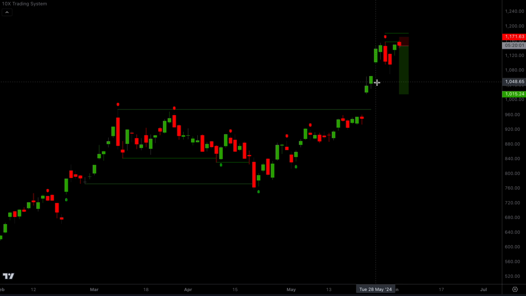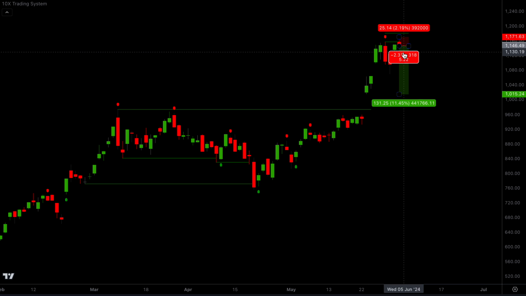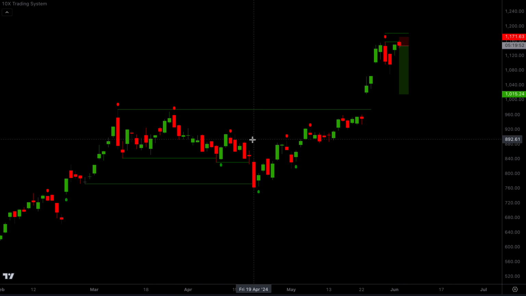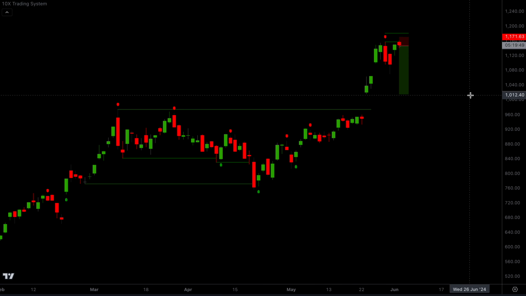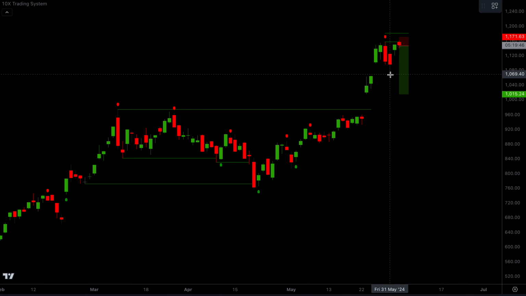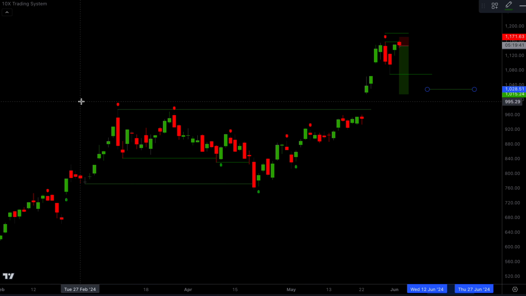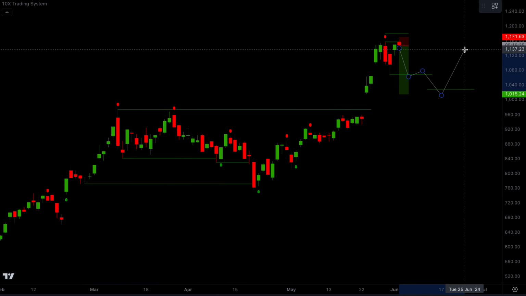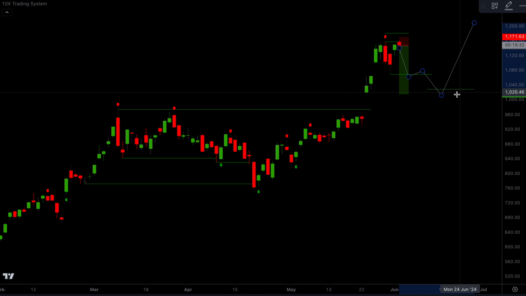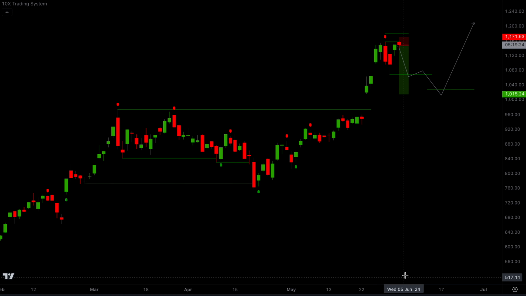But as I stressed previously, this is probably just a pause in the trend. We may see some kind of consolidation like this, possibly forming some lower lows, and then if we see a 10x buy signal here, this is probably the low in this consolidation, and then we will see a move higher.